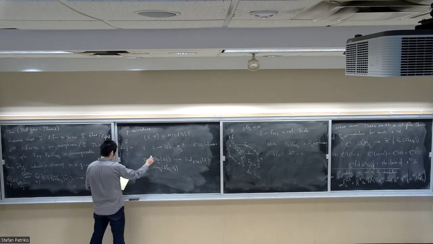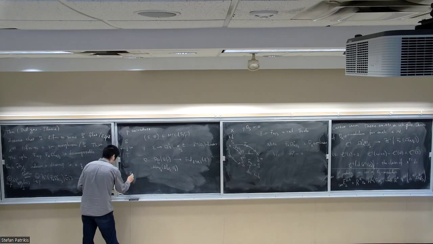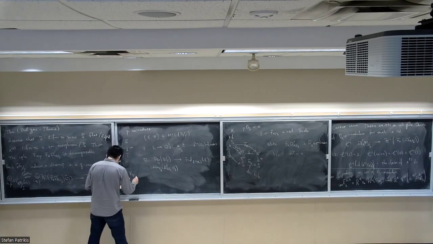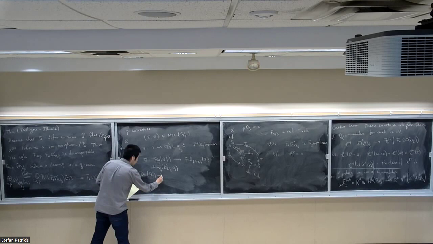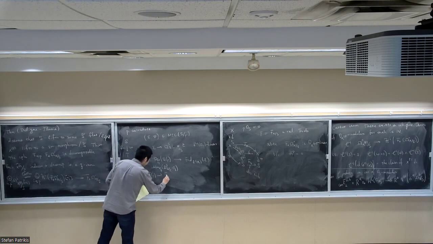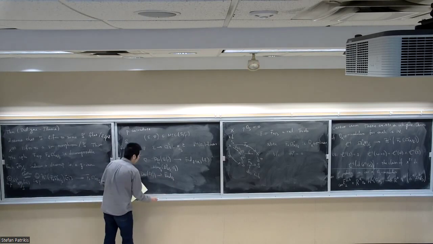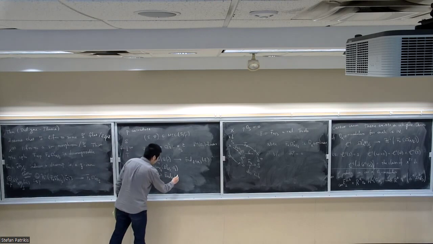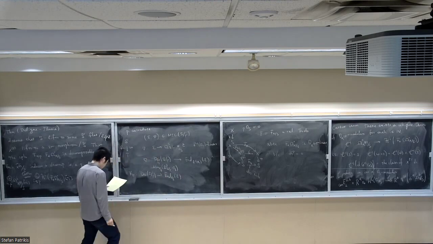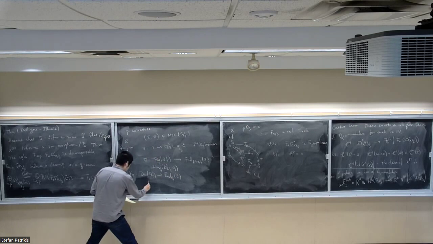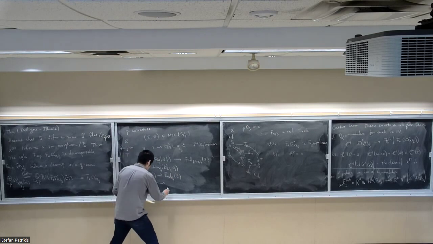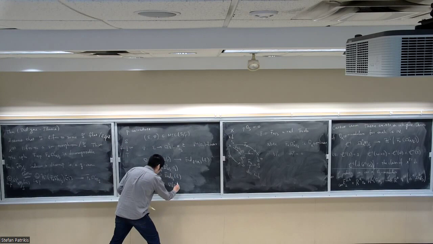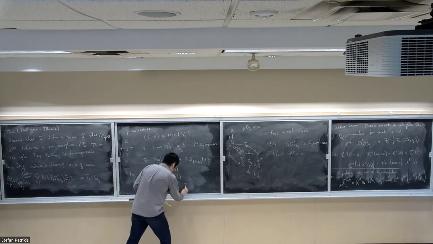Using this presentation, we can define a psi which goes from T S over T to End of E, OS linear endomorphisms, which sends D to nabla D to the power p minus nabla D to the power p.